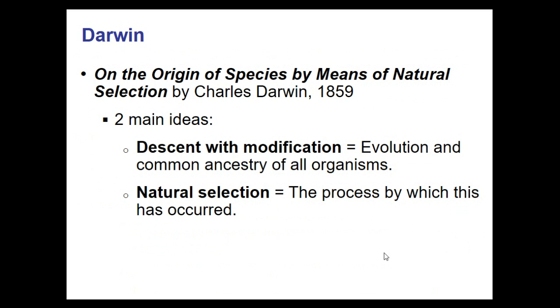Modification just means change, and descent means generation after generation of individuals. So through the generations, there's change, and the process by which this occurs is natural selection.